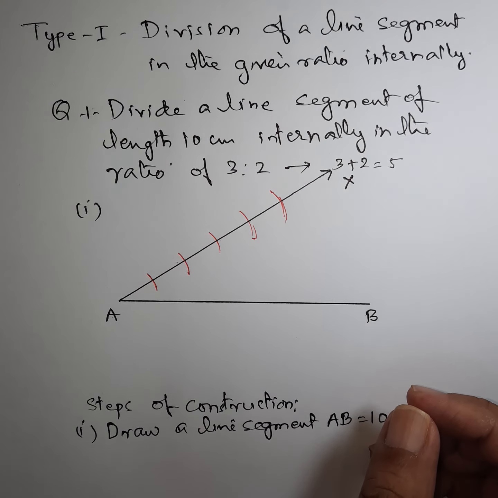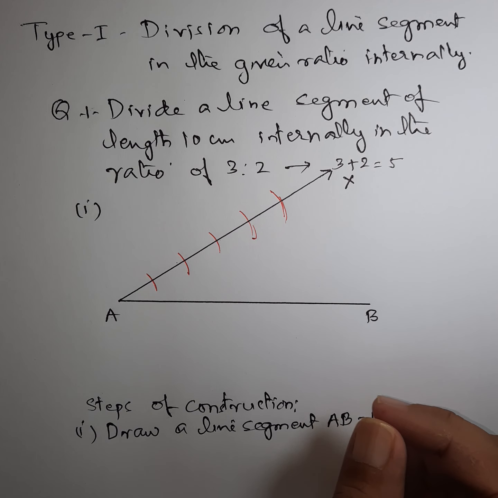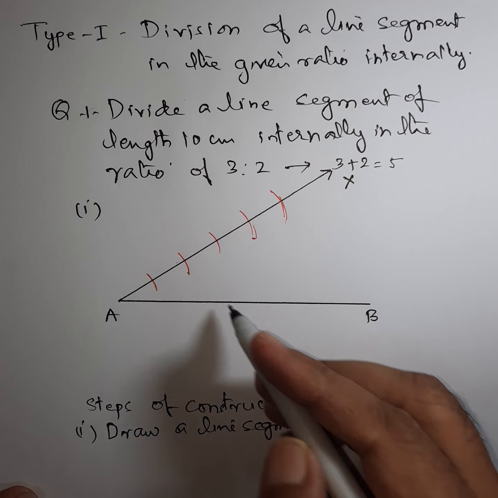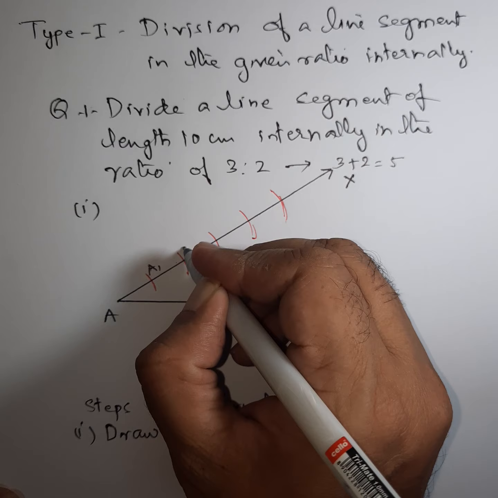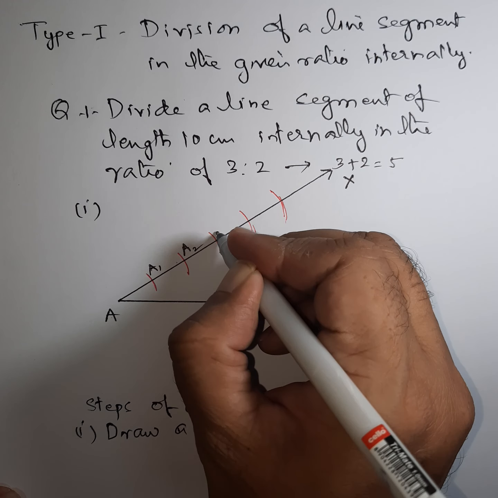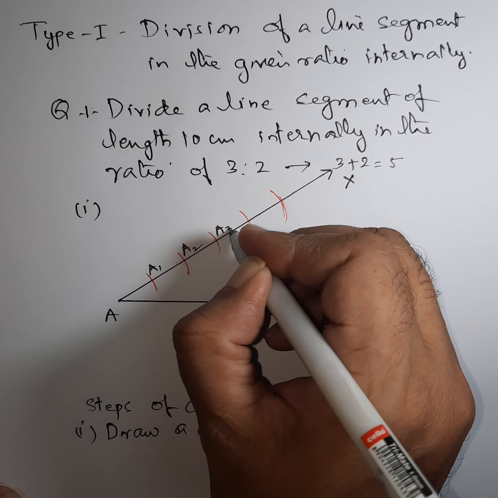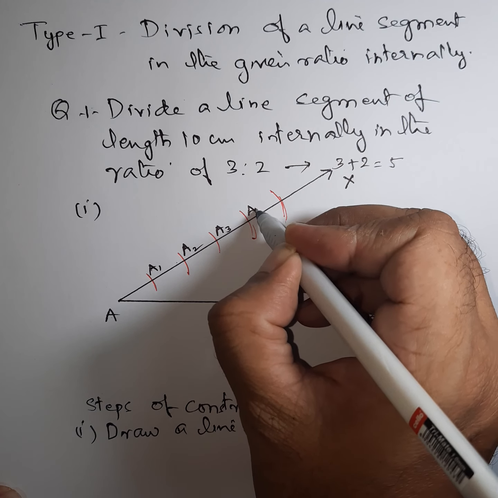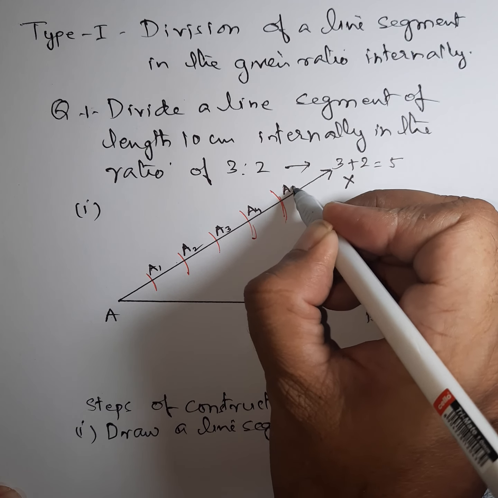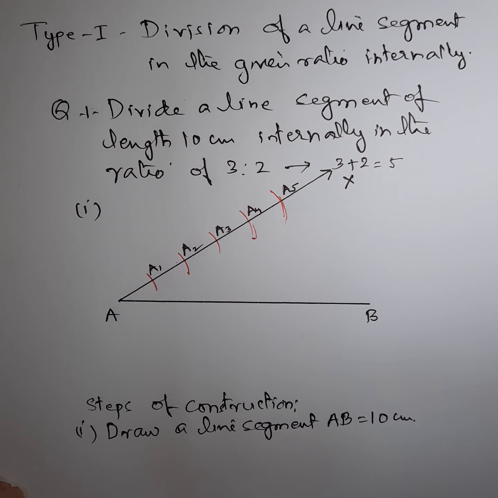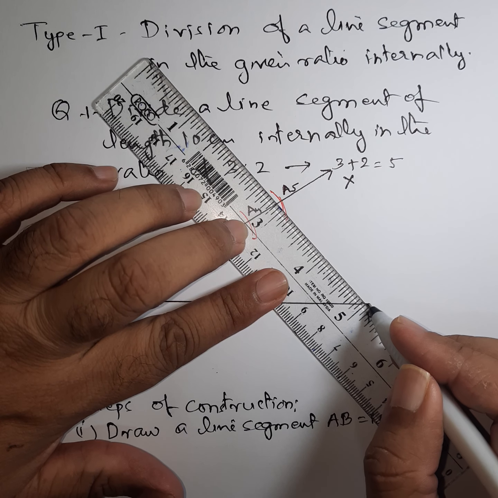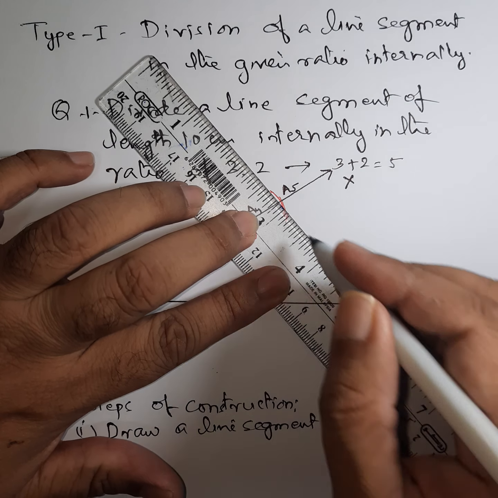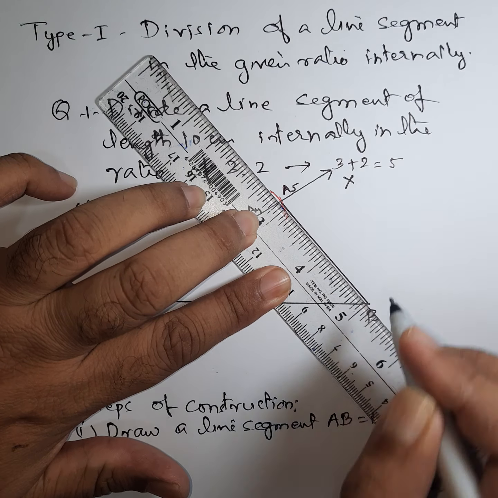Okay, so these 5 parts we can name them as A1, A2, A3, A4 and A5. Now you have to join the last point A5 with B, A5B.